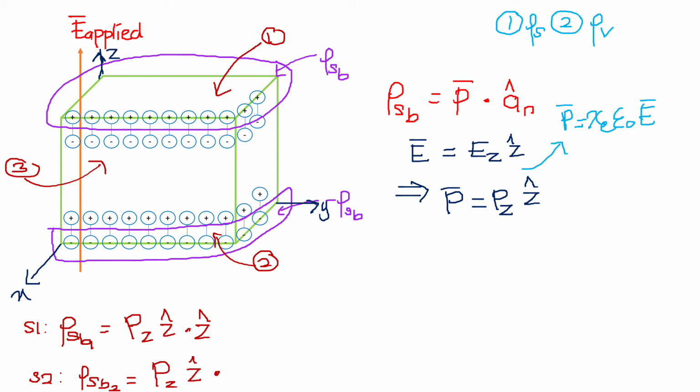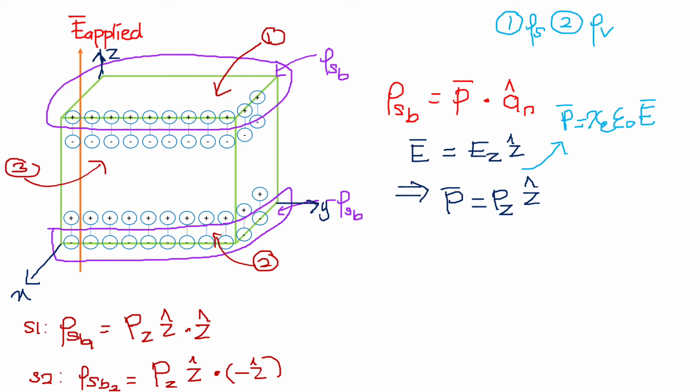However, the unit vector is in the negative direction. You can see here that the unit vector will be in this direction, towards the outside of this dielectric.